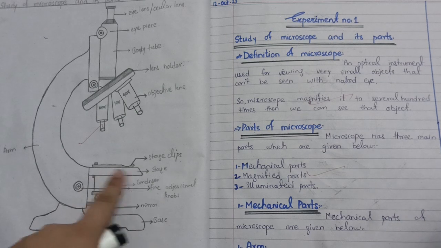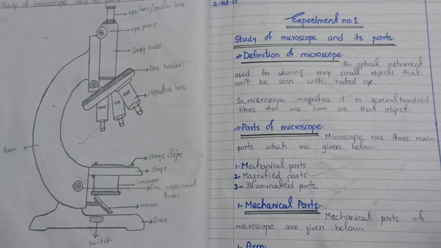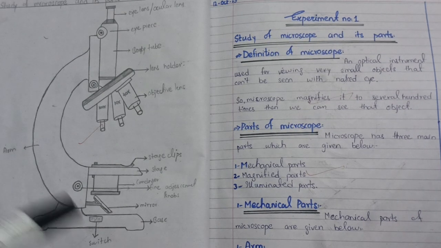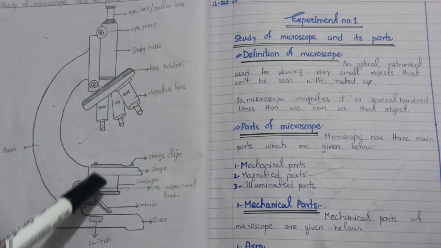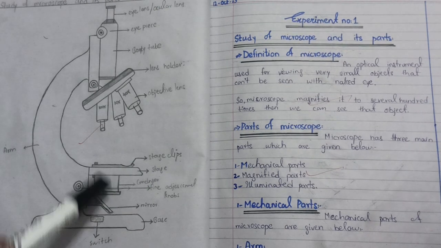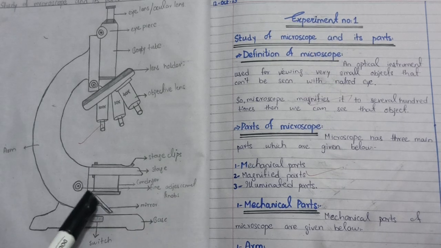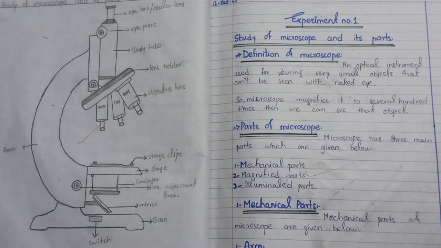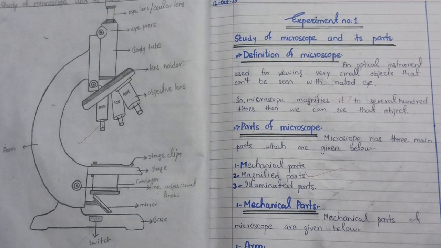Here this is called the stage, and the upper part is the stage clips, which are used to hold the slide you put on it, and on the slide you have the smallest object. This is the condenser. This is the mirror which reflects the light. These are the fine adjusting knobs, which are used to correct the images and correctly set the position of the slide.